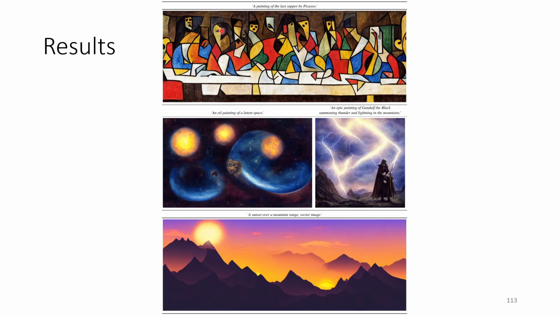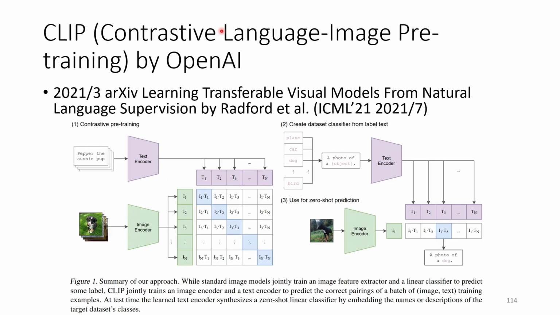So okay, the next question is, how does your algorithm know what kind of images the given text prompt should be used to generate? So 2 years ago, there was a paper called CLIP, Contrastive Language-Image Pretraining. It was proposed by OpenAI.